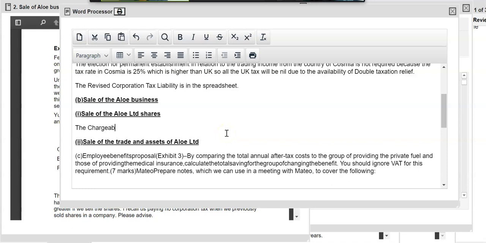The chargeable gain will arise on the sale of LO Limited shares, because this is the sale of shares outside the capital gains group.